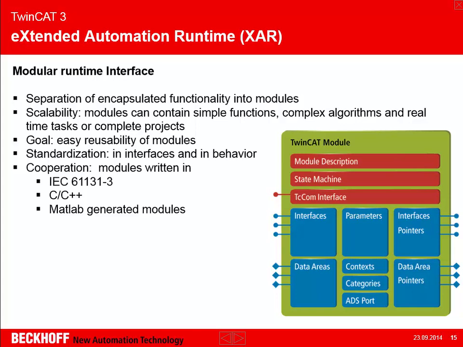For example, in my demo I created a new variable in the data area, input and output area. I created a new interface on my state machine, and I executed my module in context of task number 1.